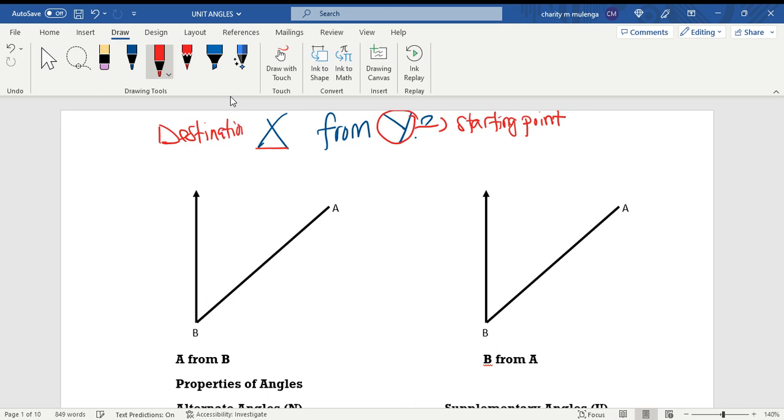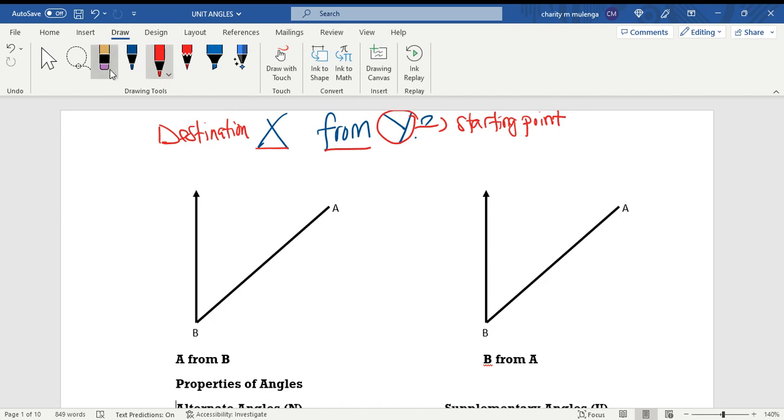Okay, that's key number one. So the word from means starting. So find the bearing of x from y simply means rotating from the starting point y going to the destination x. That's what it means.